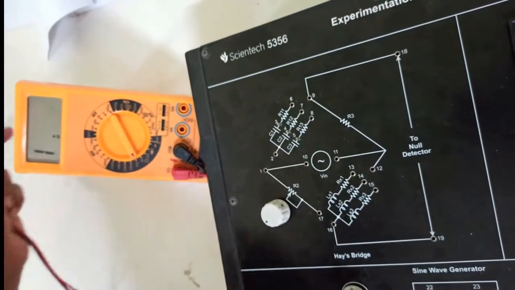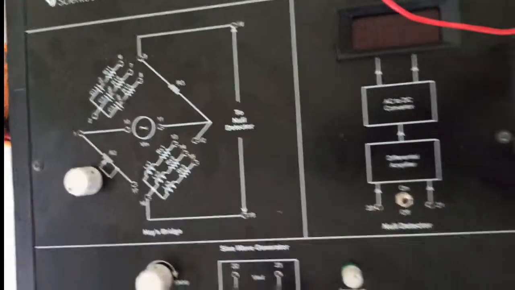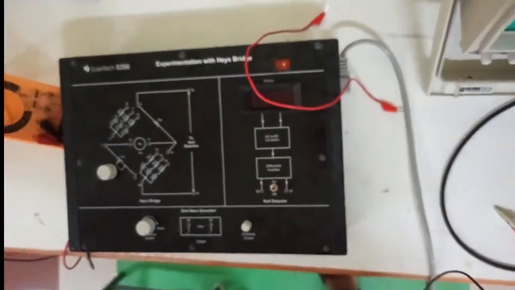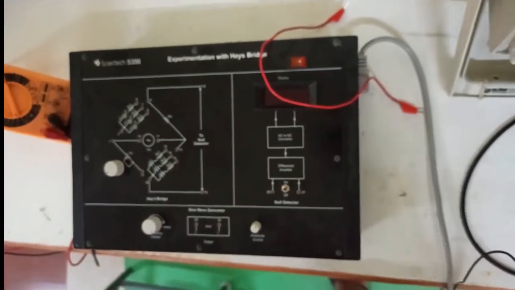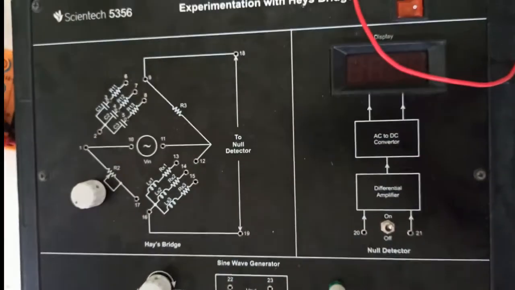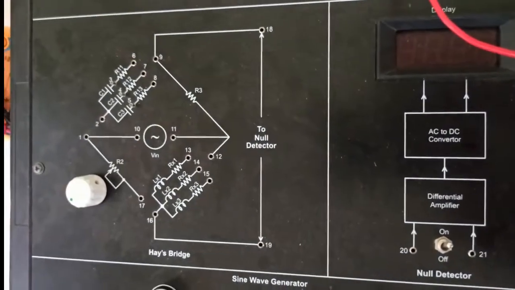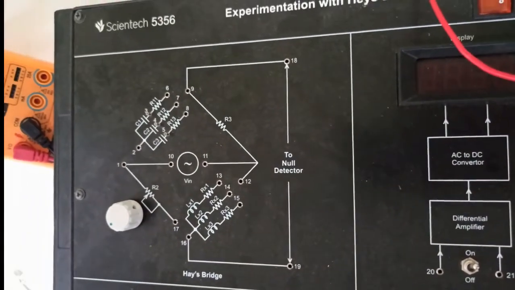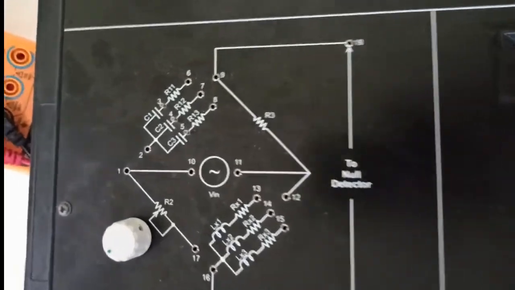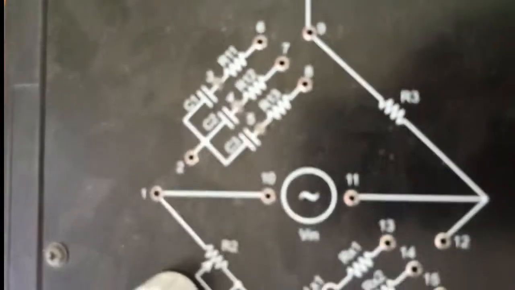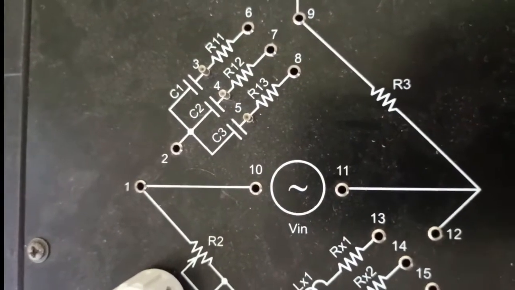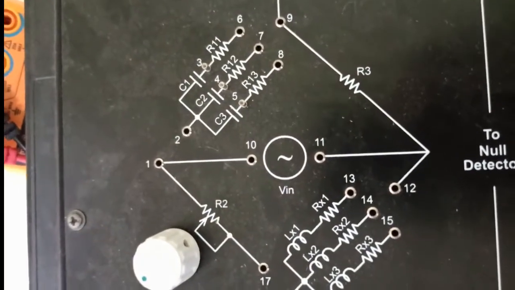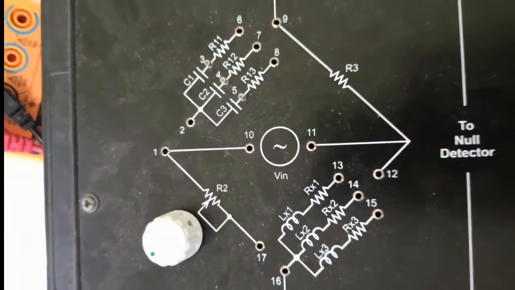Now you can find unknown inductance and unknown resistance. That is Lx1 is equal to R2 R3 C1 by 1 plus omega R11 C1 whole square.